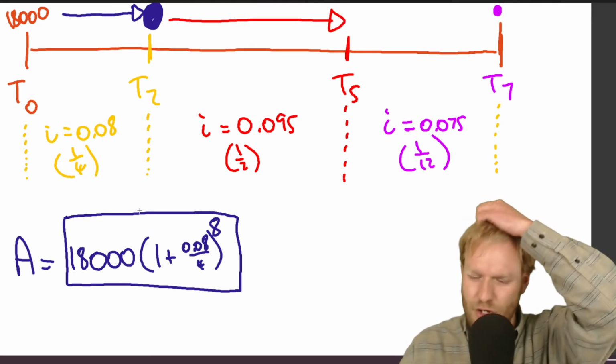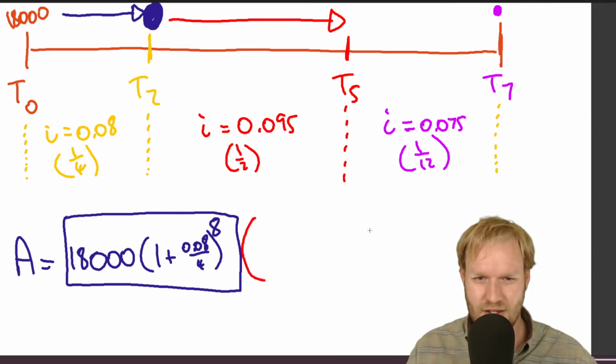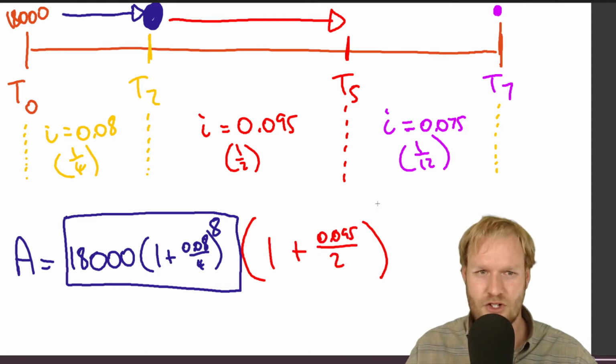So we're not going to work this out and then make a new calculation. It's almost like that's our new principal amount, and we're going to invest that in for 1 plus 0.095 over 2. We're going to invest that for 3 years for 6 compounding periods. And that's going to grow to a certain amount over here.